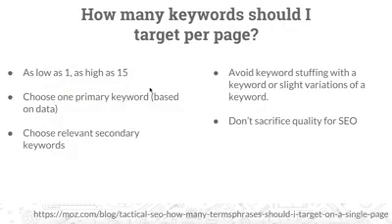Now, just a word about how many keywords should I target per page. This is a frequently asked question, and unfortunately, there's just no hard and fast answer here. The number could be as low as 1 and could be as high as 15 or 20. You need to know which keywords have actual relevance to the page content, so the number itself can get a bit tricky.